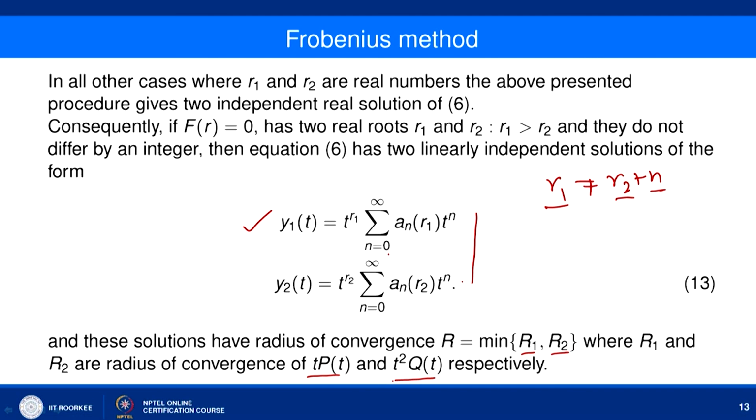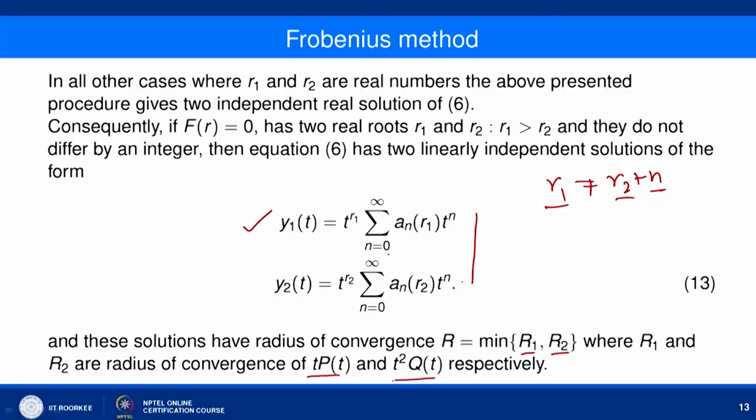We are not going to prove the following statement, but you take this as given. If f of r equal to 0 has two roots r1 and r2 that are different and do not differ by an integer, then we have two Frobenius series solutions in the following form: y1(t) equals t to the power r1 times the sum from n equal to 0 to infinity of a_n(r1) t^n, and y2(t) equals t to the power r2 times the sum from n equal to 0 to infinity of a_n(r2) t^n.